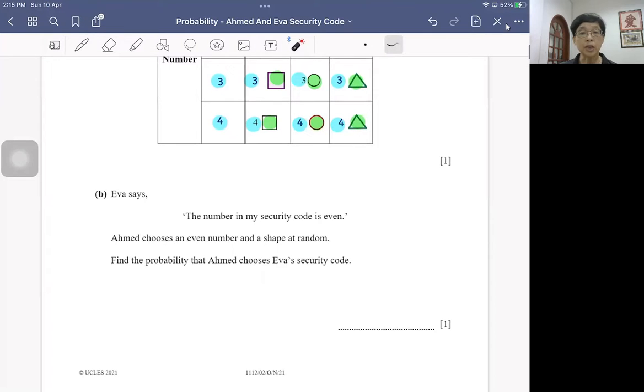Ahmed chooses an even number and a shape at random. Find the probability that Ahmed chooses Eva's security code. Okay, so it has been written in such a way that it carefully hides within it the implicit message.